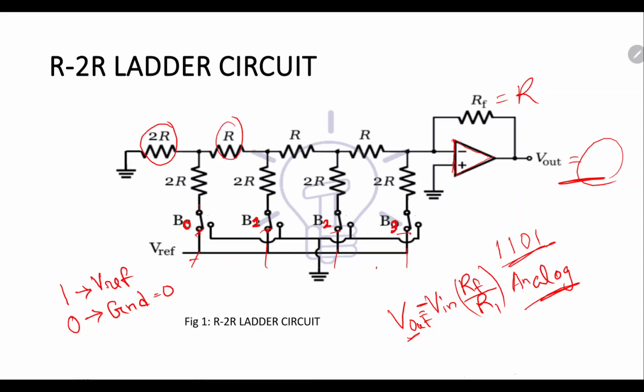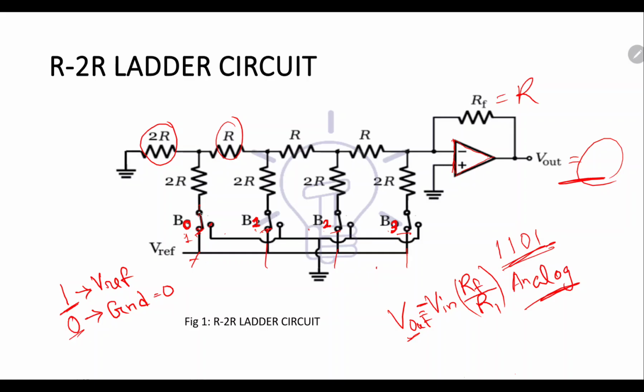You can clearly see in the diagram how the circuit is connected. These B0, B1, B2, B3 are the bits which we are going to apply to the input terminals. And to assign whether the input digit is 0 or 1, see here we have a switch. The switch will switch from this terminal to this terminal. If it is 1, then it will be connected to this V reference terminal.